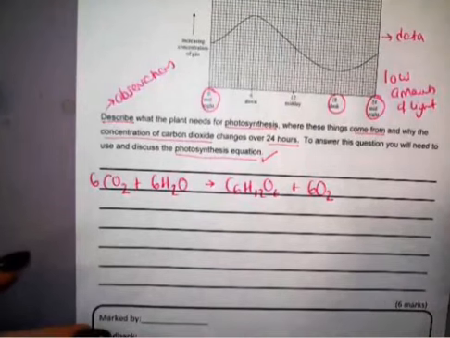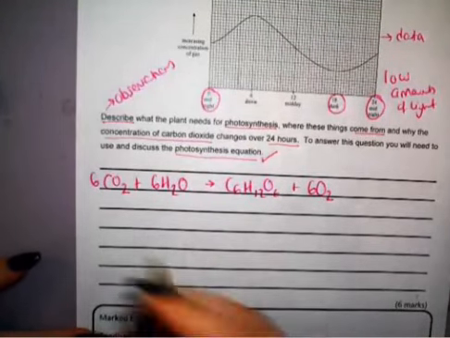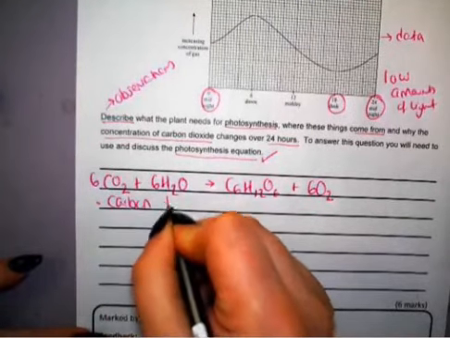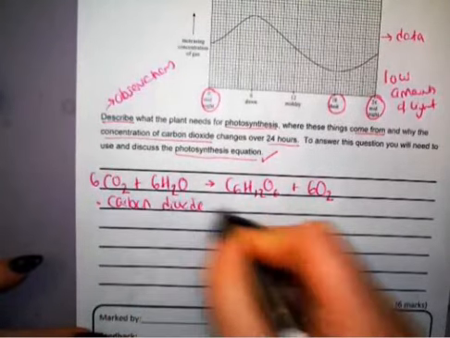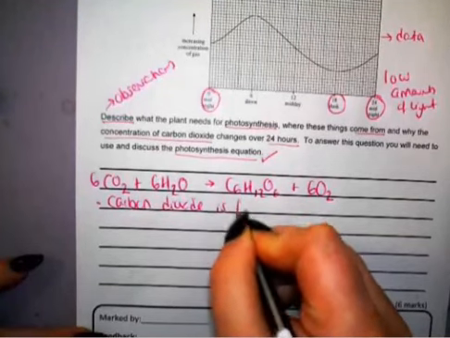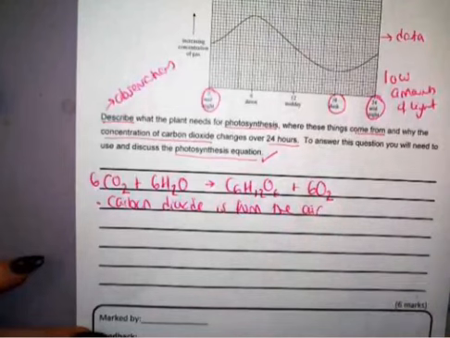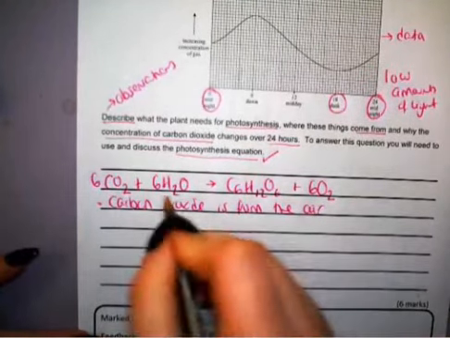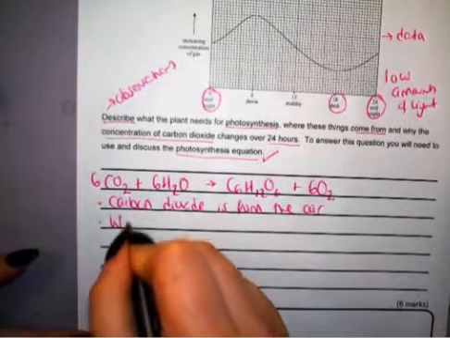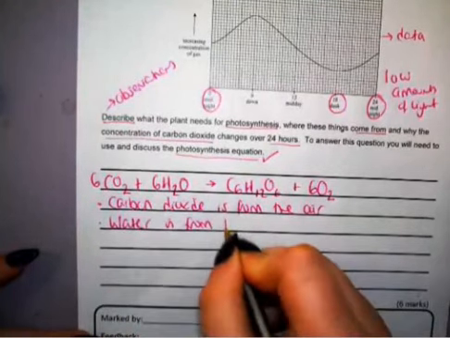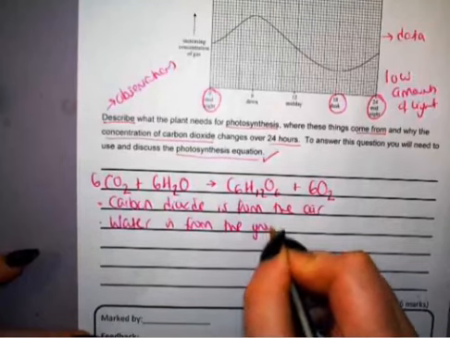Now I'm going to say where these two reactants come from. So first of all, carbon dioxide comes from the air. The next reactant is water, so I say water is from the ground.